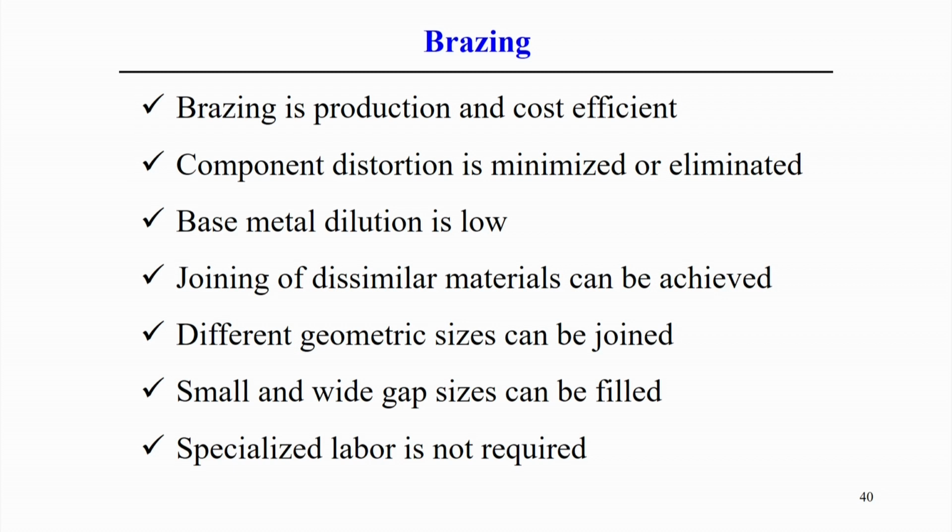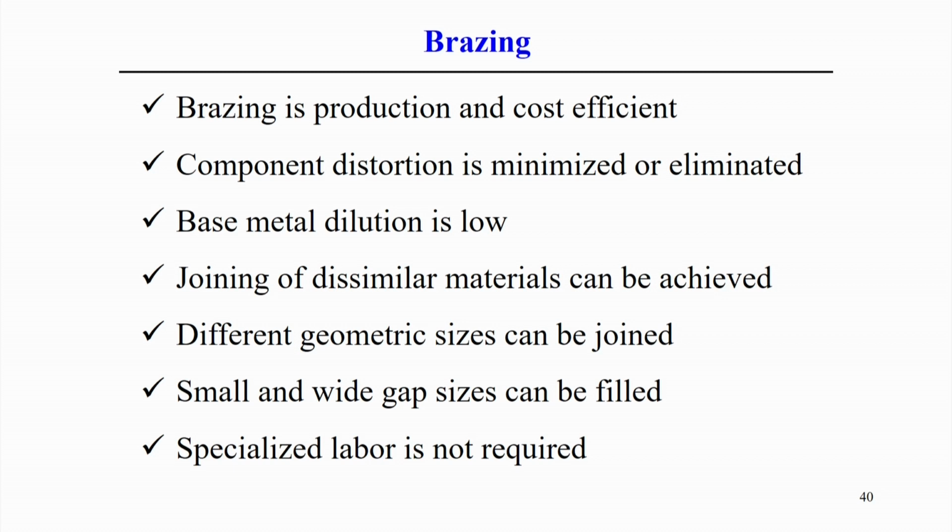There may not be any component distortion, or component distortion is minimized or eliminated, because only the filler material is melted and then solidifies subsequently, but the base material is not melted. Because of that, the distortion level in this process is relatively less as compared to the fusion welding process.